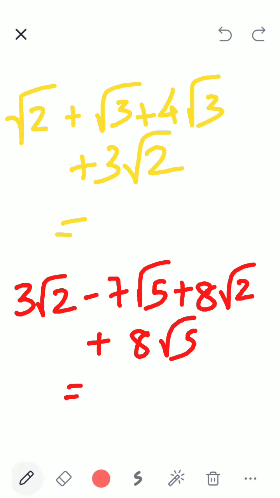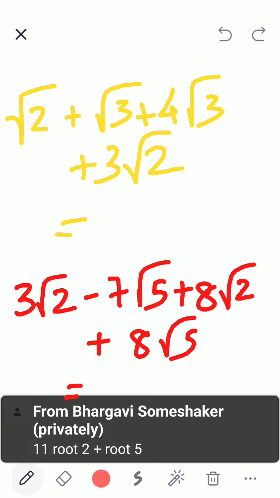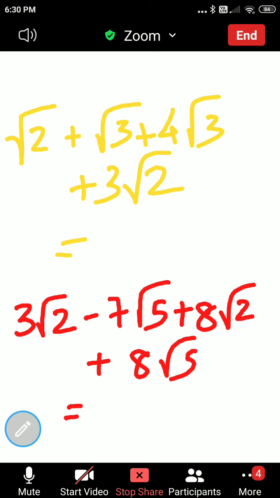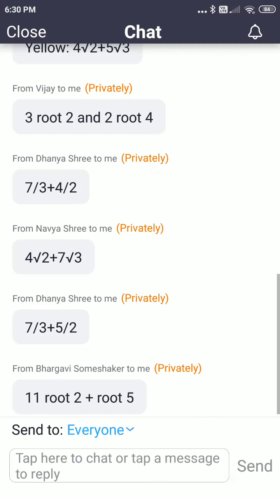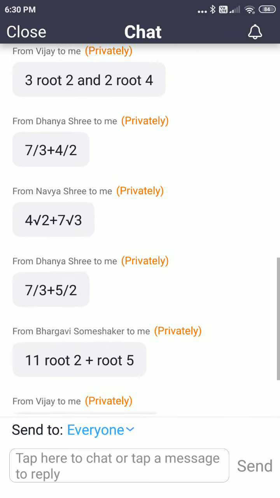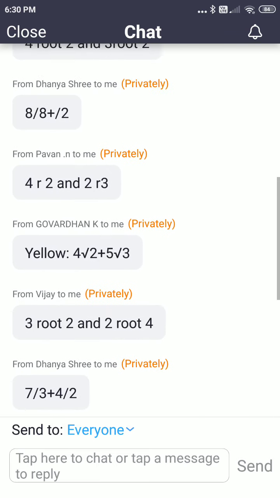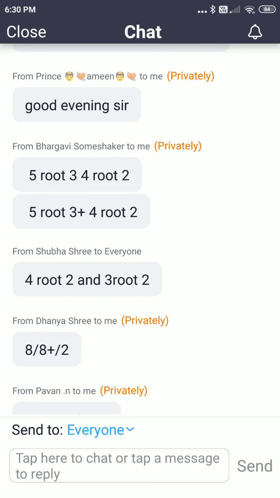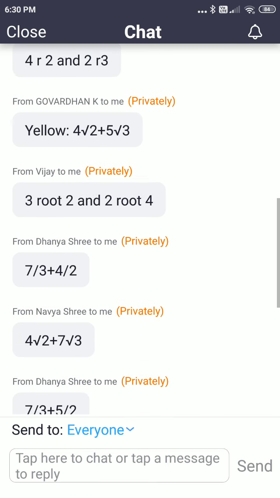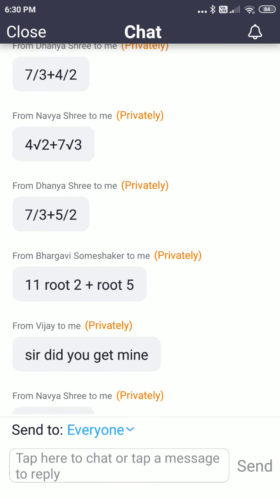Okay, 15 more seconds. Correct, Bhargavi. Bhargavi has got both correct. Good. Govardhan, correct. No, Govardhan, check again. Yeah, correct, Govardhan. The yellow one is correct.